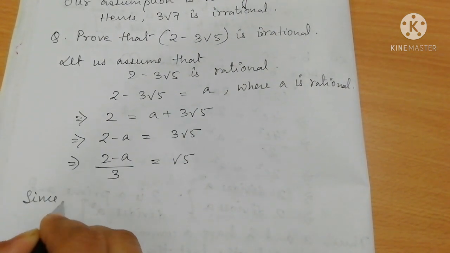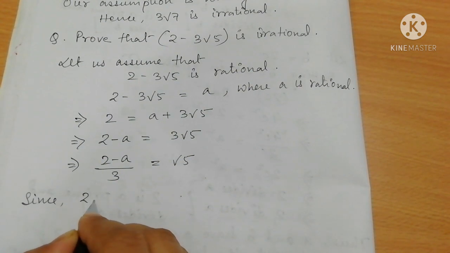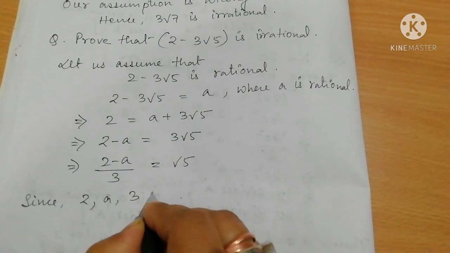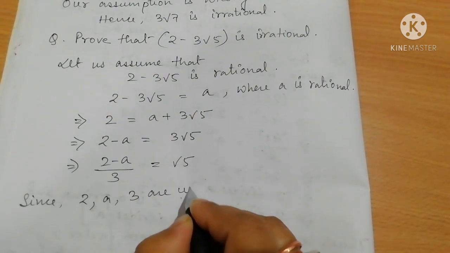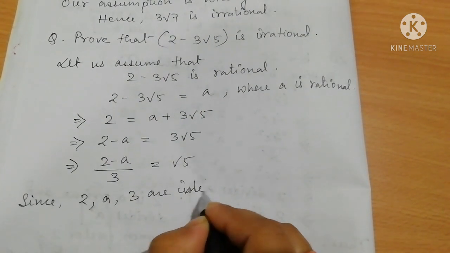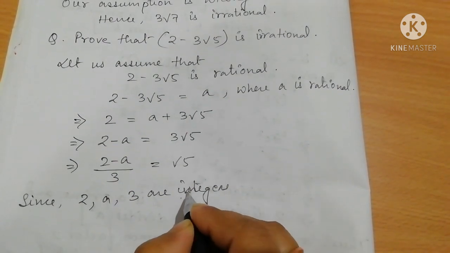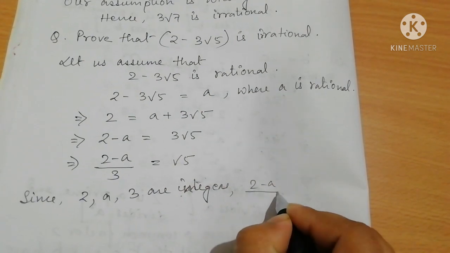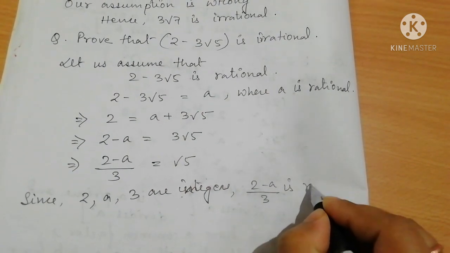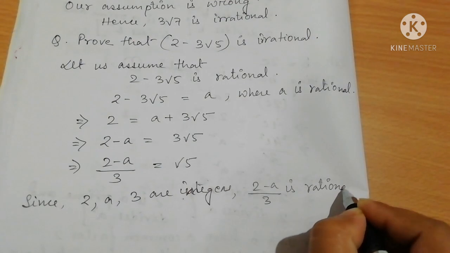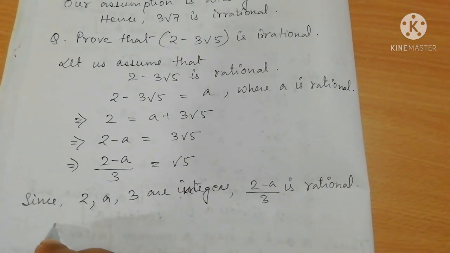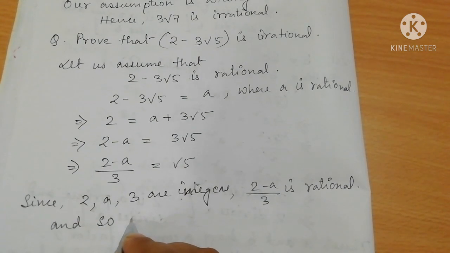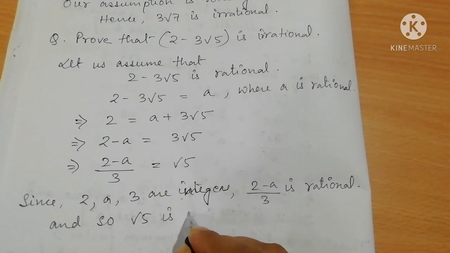Since 2, a, 3 are integers, 2 minus a by 3 is rational, and so root 5 is rational.